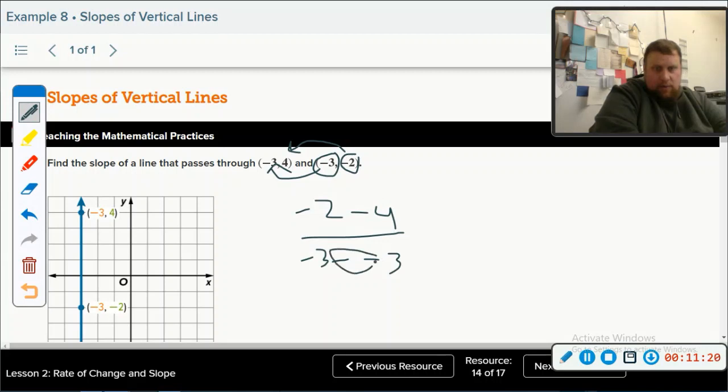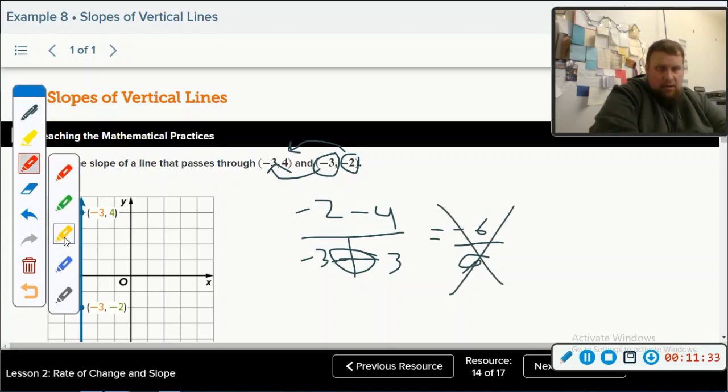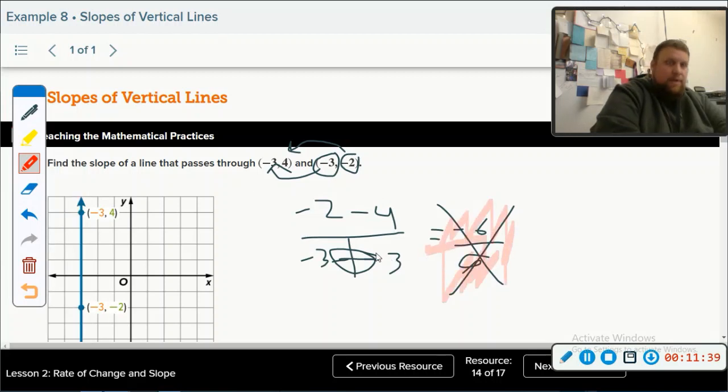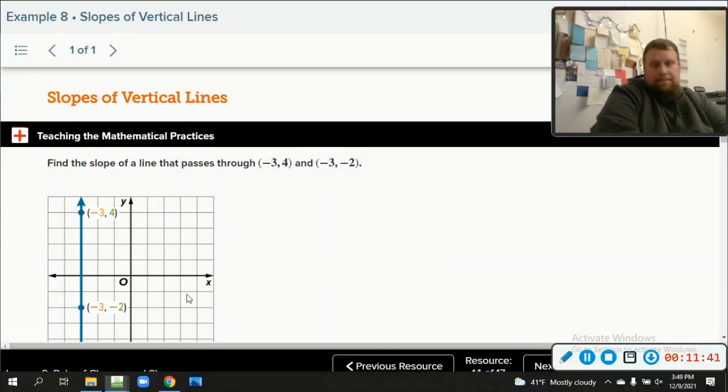This is going to turn into a plus. -2 minus 4 is -6 up top, but we don't care. Why? Because on the bottom, -3 plus 3 is 0. Division by 0 is muy bad. Turns into fire. All right, you get the point. Okay?